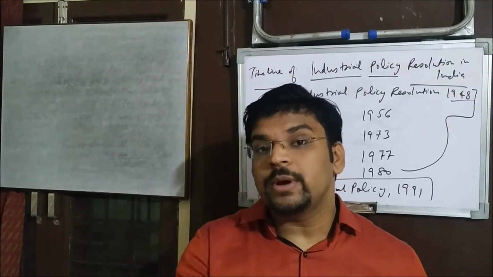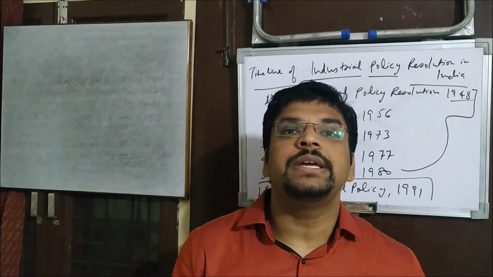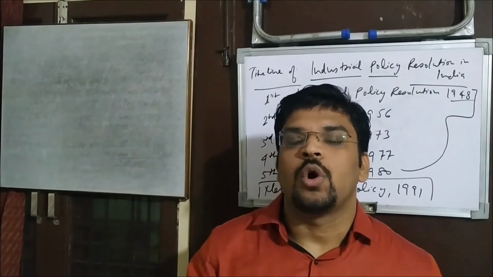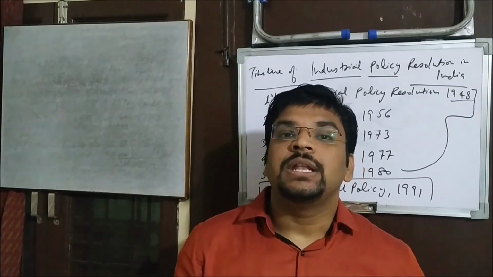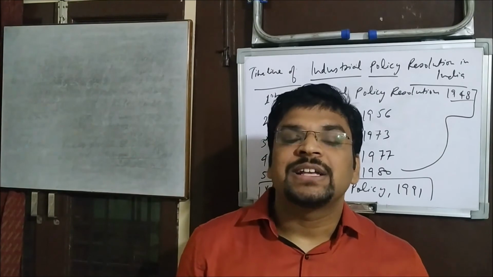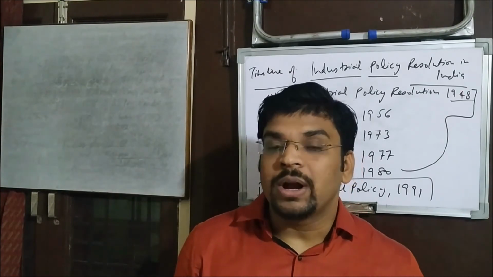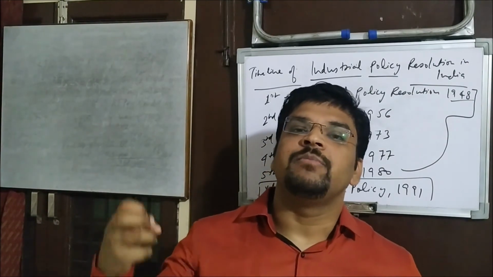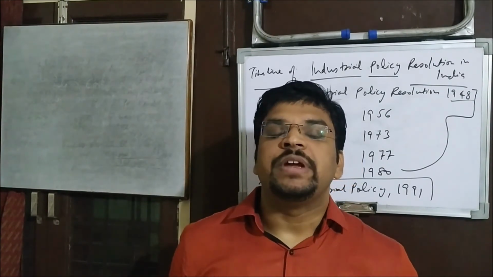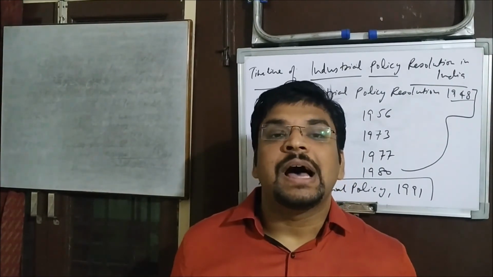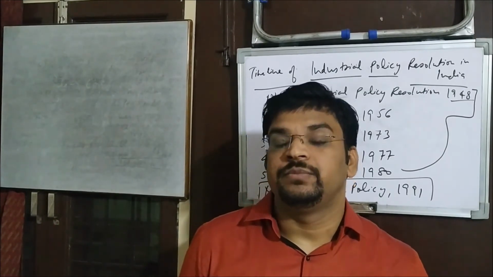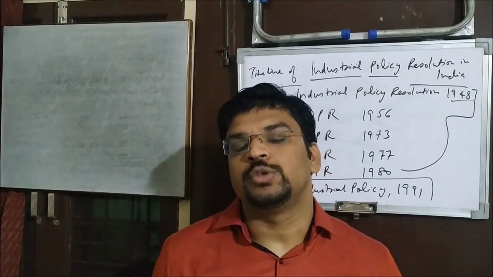And why was the government doing it? Because the government had a fear of the capitalist economy. When they start giving the maximum role to the private sector, there is a monopoly of the private sector, and the private sector may exploit the people of India, and most of the people are below the poverty line, and definitely they are not going to survive, and it would be completely unfair to those people.